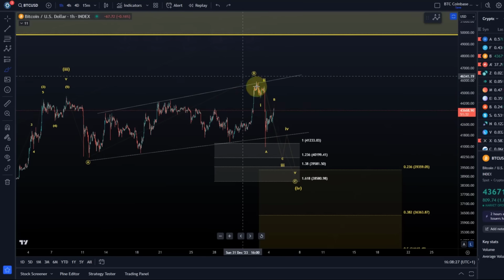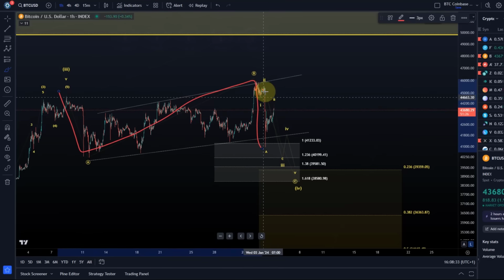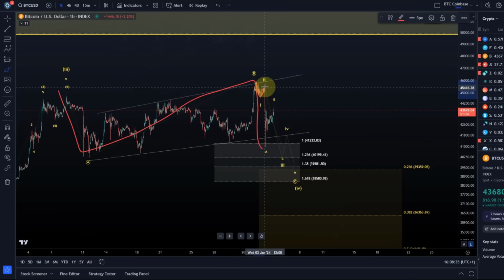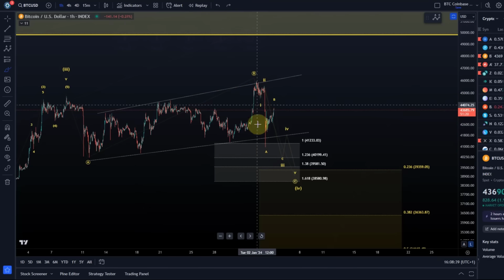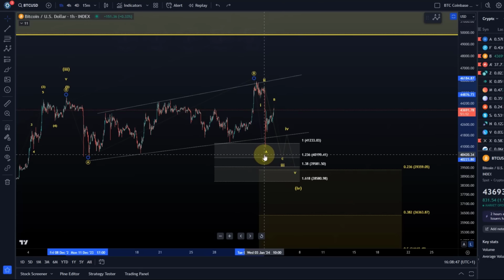In a WXY structure, the price might have formed a low already: W, X, Y, and in the Y wave, A, B, C. It would be a somewhat shallow wave 4 then, but it's possible, because we look at the internals of the structure. Maybe this is all of wave C. It's not what I currently forecast primarily, but it's possible.